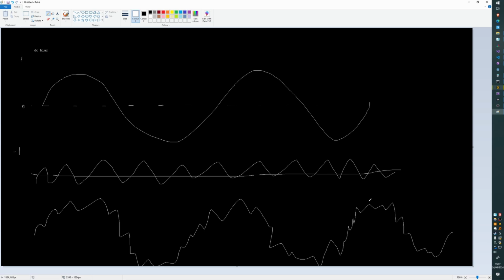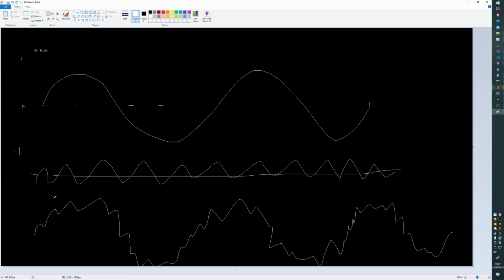I'm trying to draw it with a mouse, but you understand what I'm trying to draw, right? It's basically those two signals mixed together. So if you were to apply a low pass filter to this, then you're cancelling out this high frequency signal, so what you end up with is something like that.